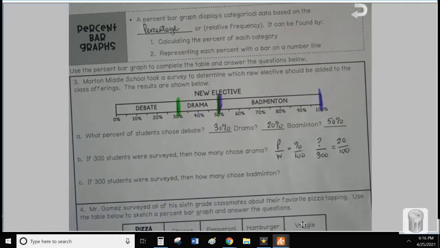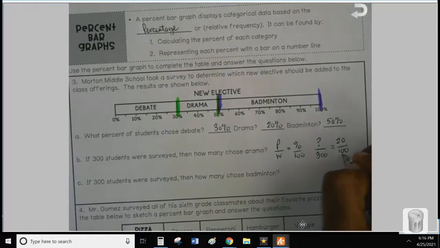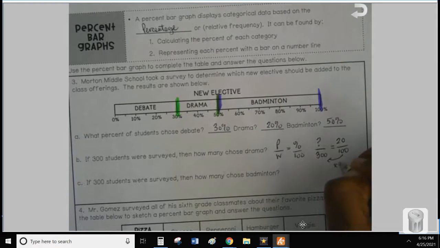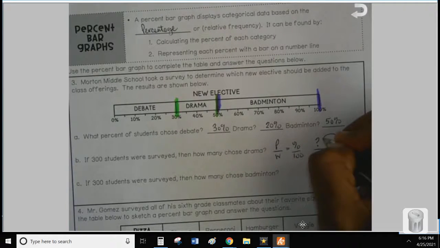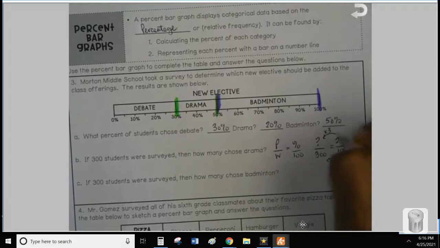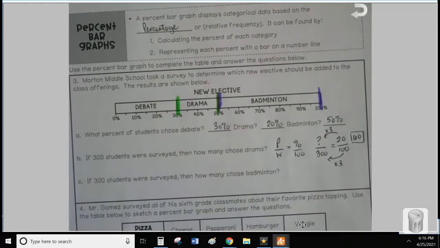Then we look for relationships as always. How do I go from 100 to 300? Times 3. Whatever I do to the bottom, I'm going to do the same to the top. 20 times 3 will give me 60. So 60 students selected drama.